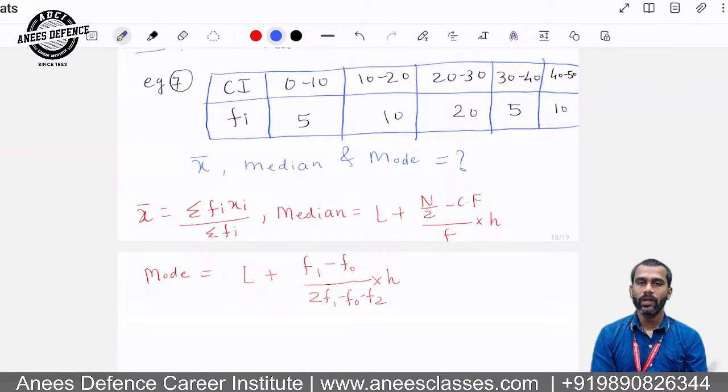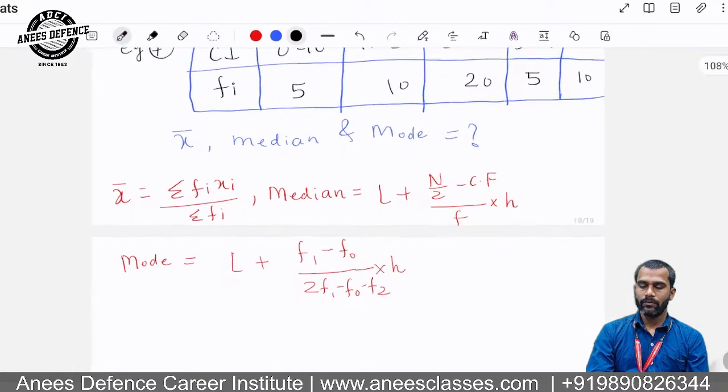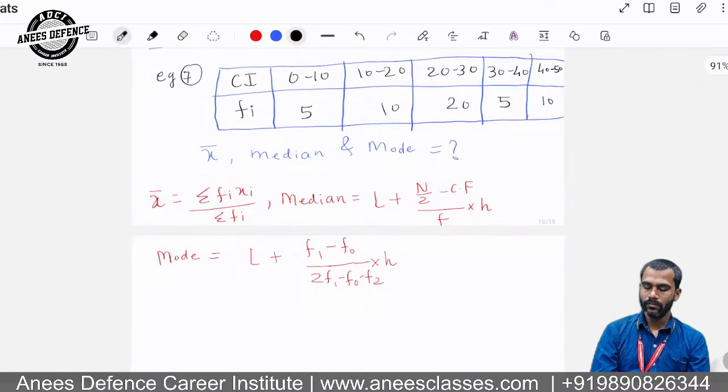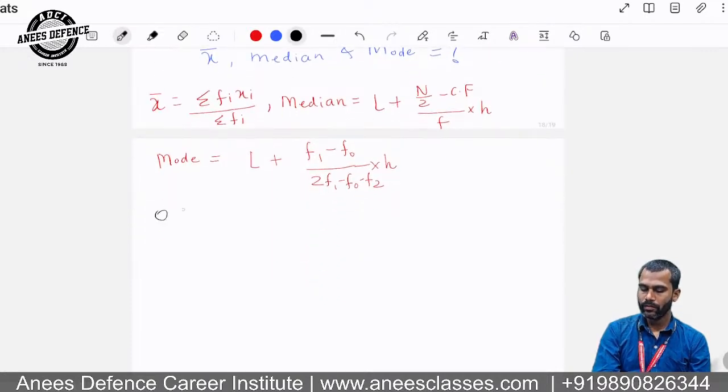0 to 10, 10 to 20, 20 to 30, 30 to 40, and 40 to 50. 5, 10, 20, 5, and 10. See, let me draw the table one more time. We have 0 to 10 here, 10 to 20, 20 to 30.